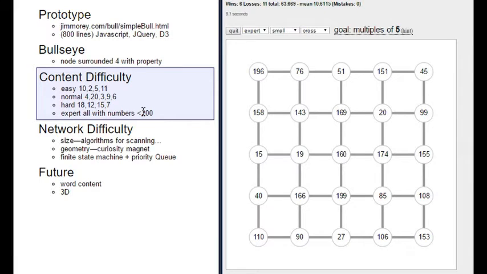They are all under 200, so it's not that tricky, but it doubles the number of possibilities. In this case, it just happens to be multiples of 5, so not so hard.